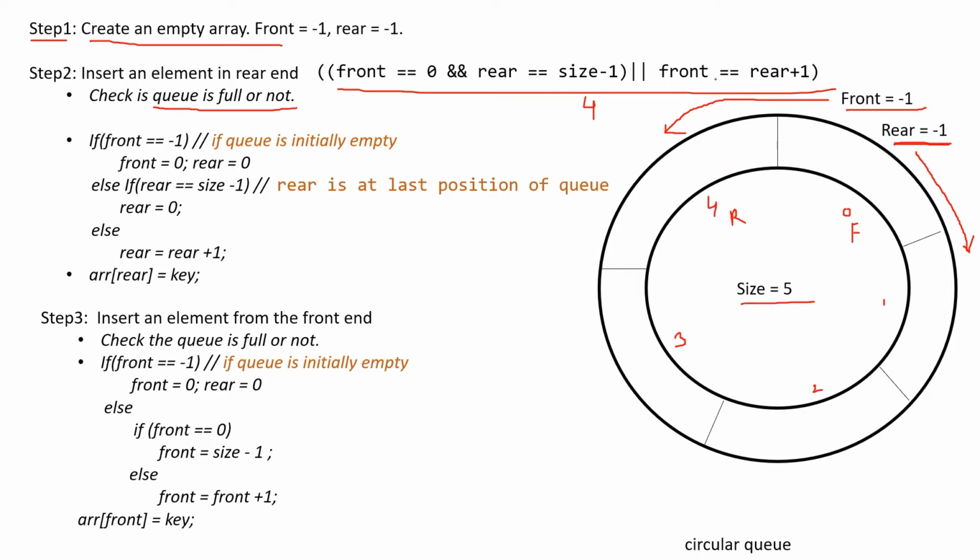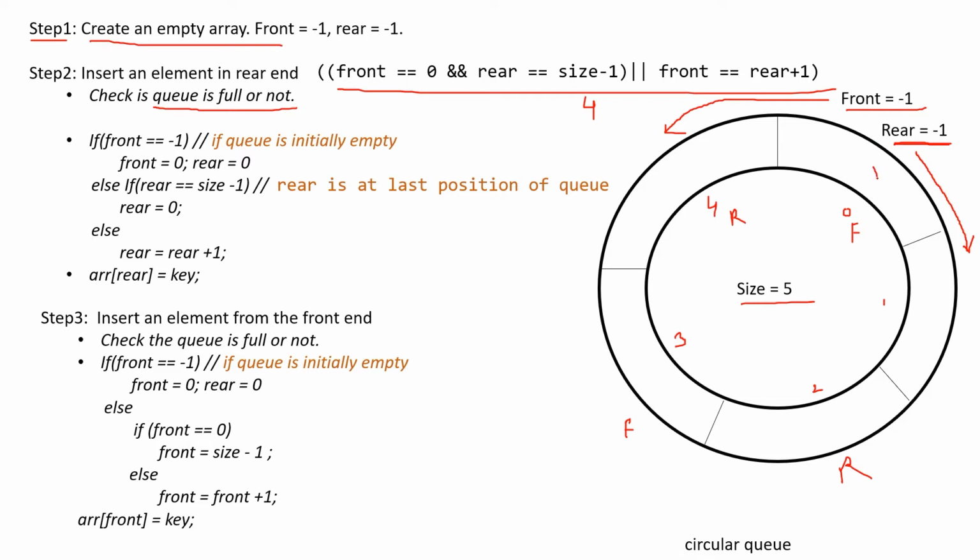Also, if my front is equal to rear + 1, it means the queue is full. This can happen if suppose my rear is pointing at this location and the front is pointing at this location. So when can this situation happen? Suppose both my indexes started from 0 and kept on filling the data.